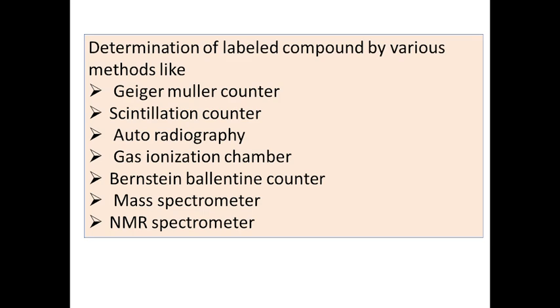The spots are produced, and the relative amount of radioactivity in different spots is determined by density measurements. So all these are the three techniques which are used for determination of label compound.